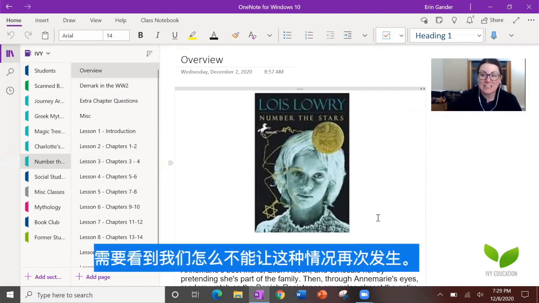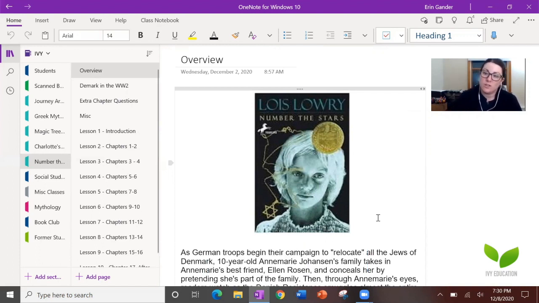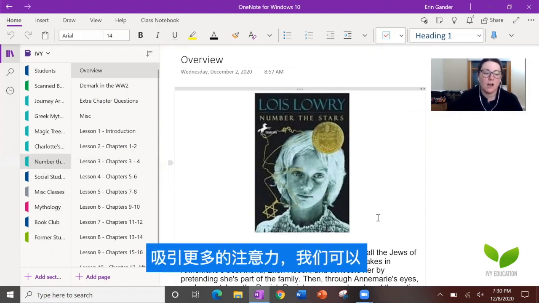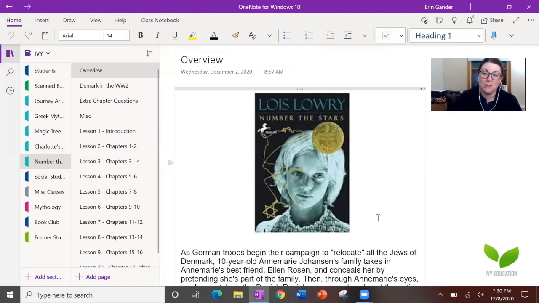And we need to see, how can we not let this happen again? So a lot of the times, especially here in the United States, we do this through historical literature just because it is a little bit more attention grabbing. We can get your interest in the topic and then give you all of the history along with it.